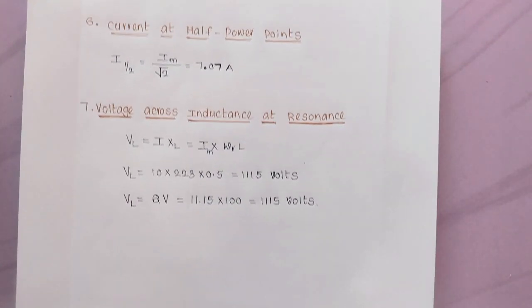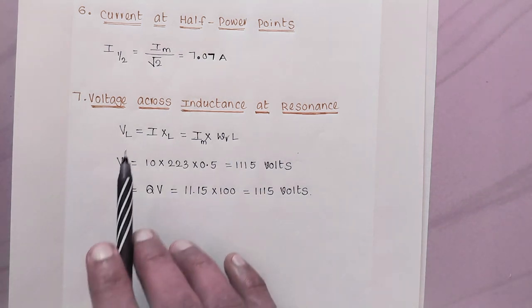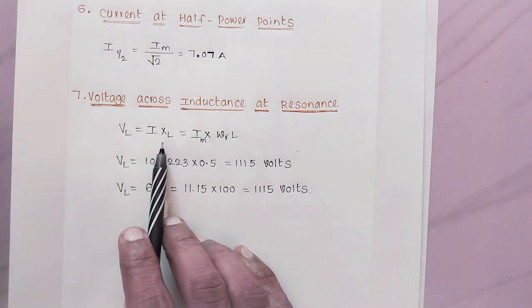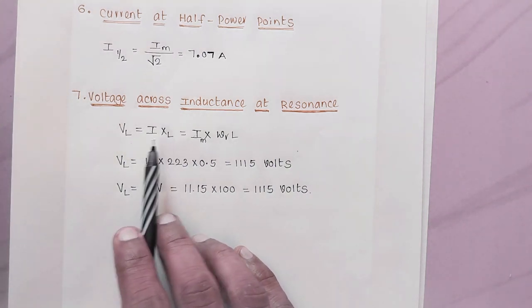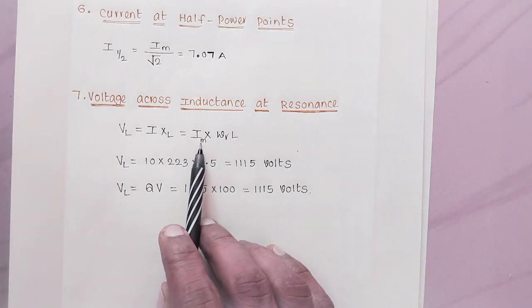And the last question is voltage across the inductance at resonance. What is the voltage across the inductance at resonance? In general, the voltage across the inductance is equal to the current into the reactance offered by the inductor, I into XL. But what is the current in the circuit at resonance?